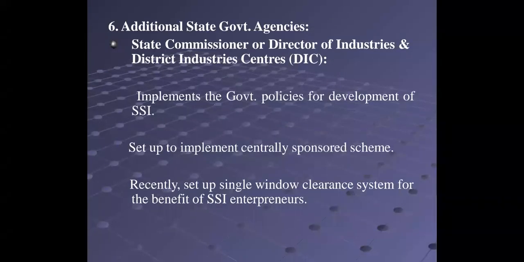There are additional state government agencies, various other additional state government agencies. The state commissioner or the director of industries and the district industrial center, DIC. In every district it will be there, it is called the district industry center. They will be leading with these state government agencies.